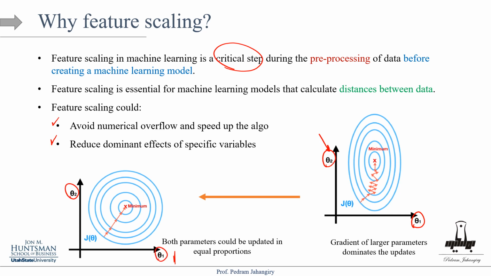And as you can see, the path to the optimum is going to be a lot smoother when we have scaled the features. So in general, remember, if the model is somehow incorporating calculating the distance between observations on one hand, and also involves using gradient descent and its family in the optimization process, generally feature scaling is going to be helpful.